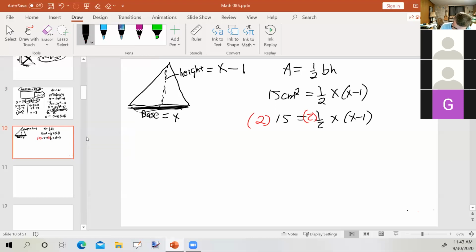So now on the left, I get 30. On the right, I get 2 times 1/2, which is 1. And 1 times x times x minus 1 is x squared minus x.